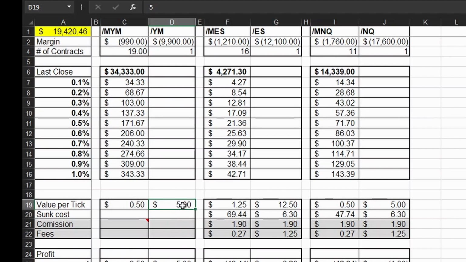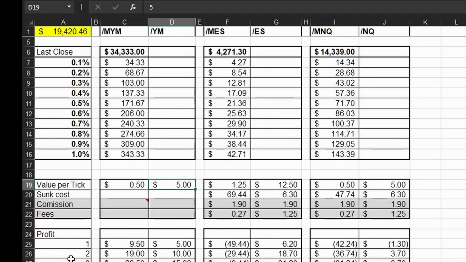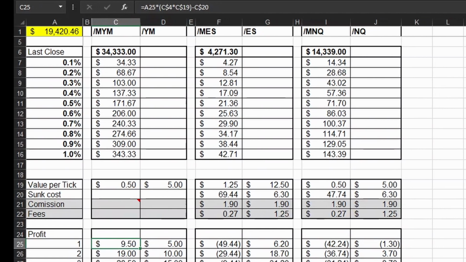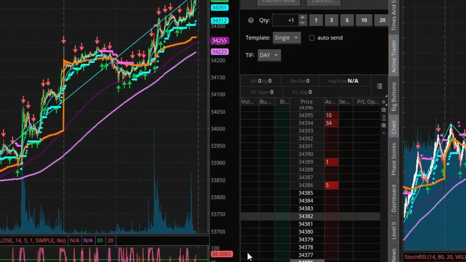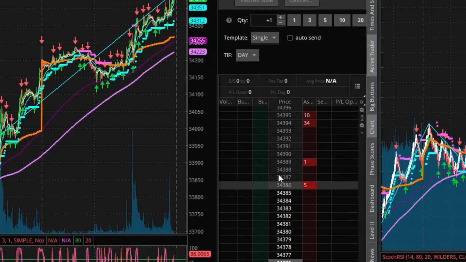And then there's this terminology between ticks and points, and before I confuse you with that, I'm going to go through it right now. Essentially, the YM moves in points, so one tick is equal to 1 point. Let me show you what that means. For the YM, one move is equal to one tick or 1 point.